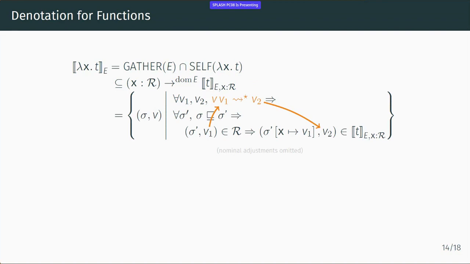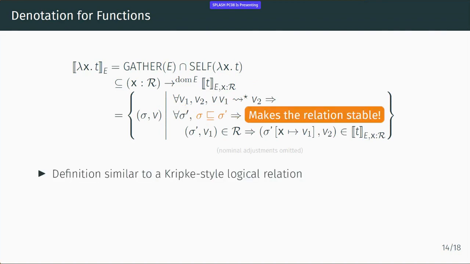And very importantly, we do this not only for the input sigma, but for any extension of sigma. So this quantification over all the extensions of sigma, this is what makes this relation a stable relation. This is essential. As I told you already, stability ensures the correctness of this one. So if you are familiar with Cook-style logical relations, well, this is very frustrating.